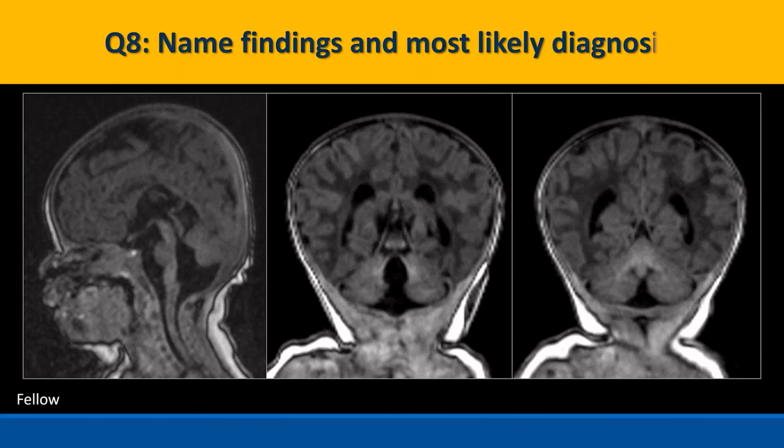There's a communication of the fourth ventricle. Maybe the vermis is just small, but there's a communication. The posterior fossa looks normal in size. So this would be consistent with a Blake pouch cyst, I believe.